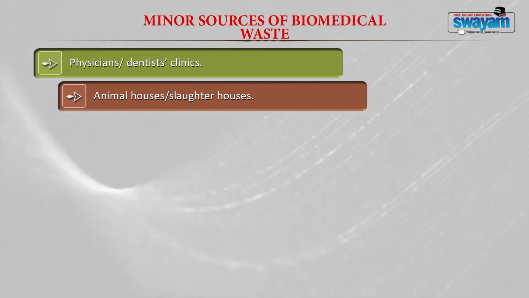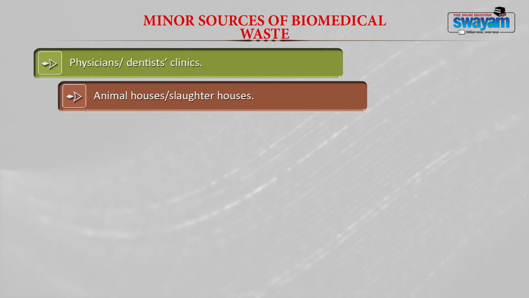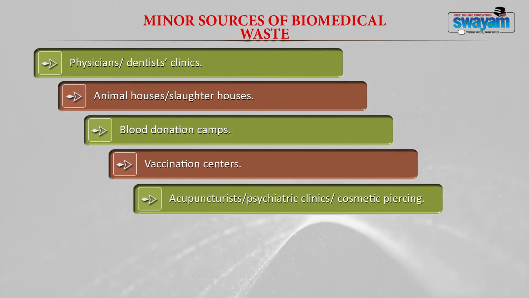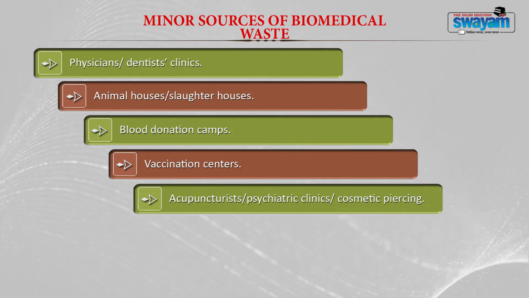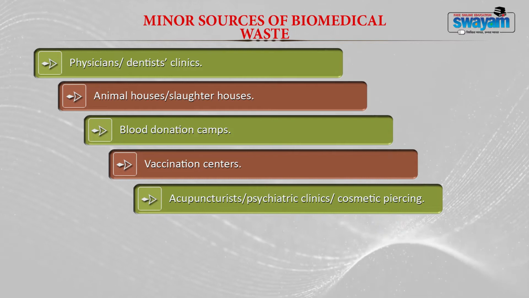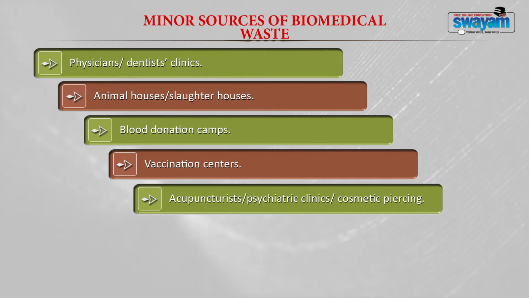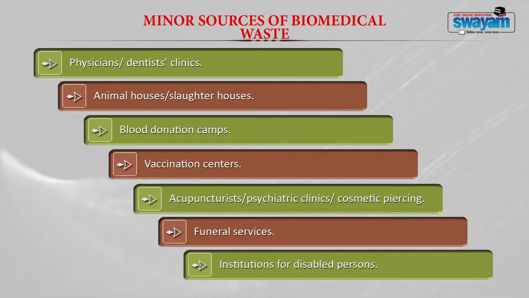Then slaughterhouses, blood donation camps, vaccination centers, psychiatric clinics, and cosmetic services such as ear piercing, where certain chemicals are used and sometimes cotton swabs with blood. These are again some of the minor sources. Even the waste generated during funeral services is included in the minor sources of biomedical waste.